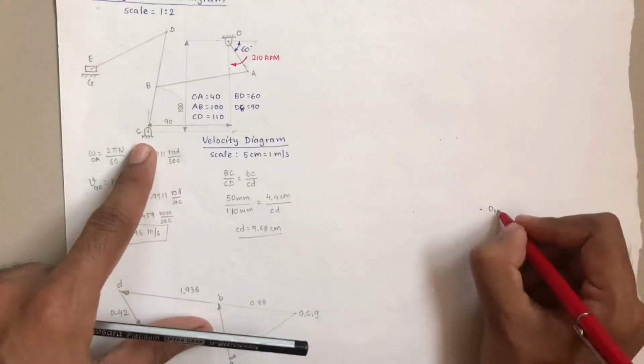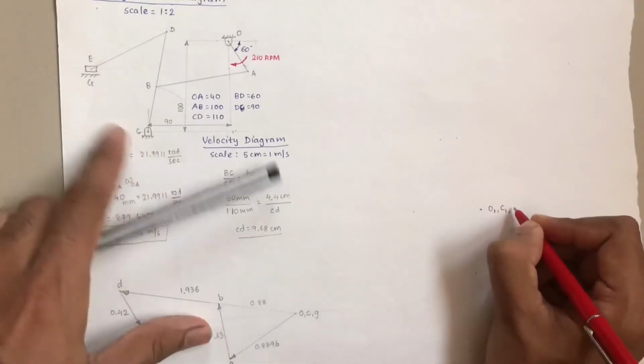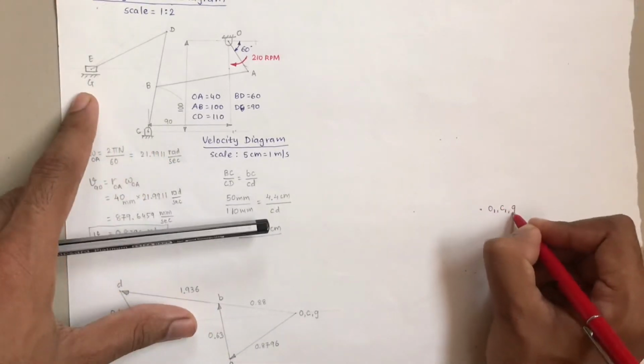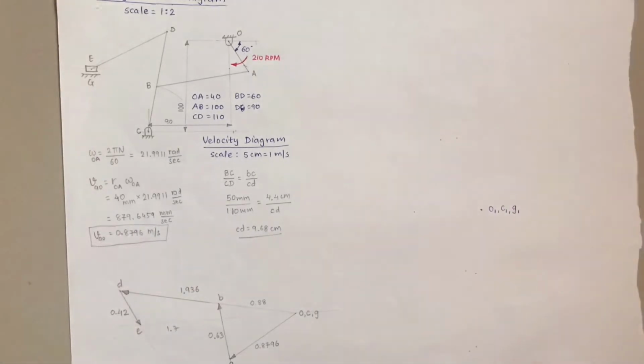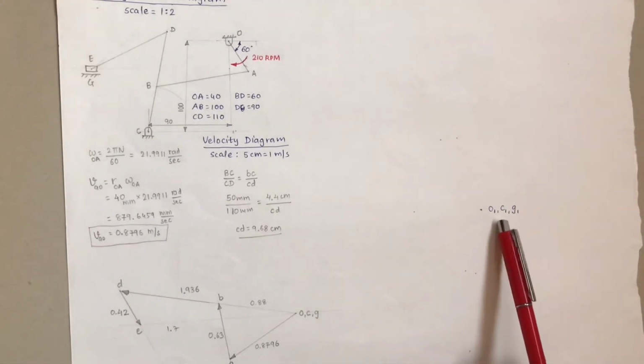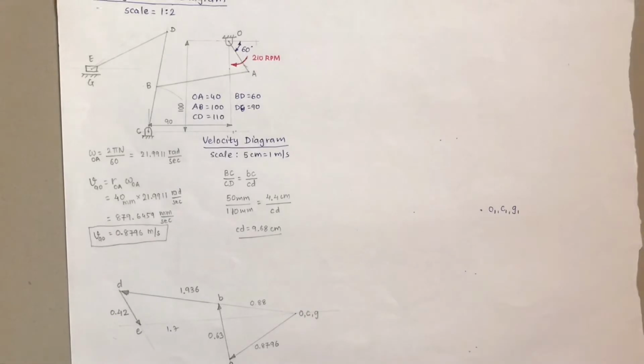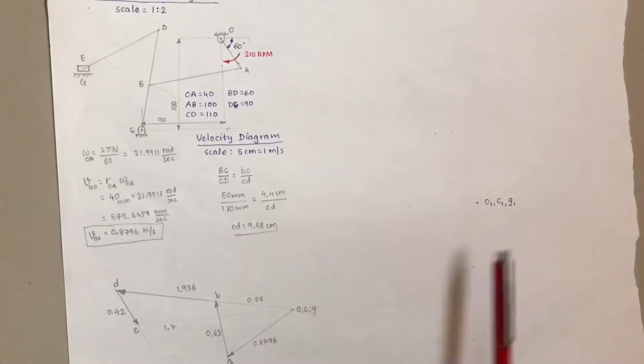Likewise C1 is also fixed, and the path of slider G, that is G1. In the acceleration diagram we will write notation in terms of suffix 1. So O1, C1, G1 are fixed points, like in the velocity diagram small letters o, c, g.